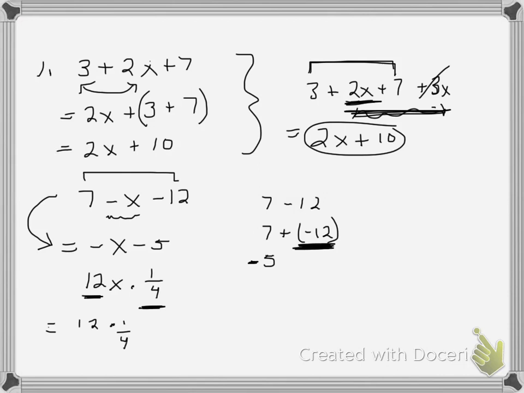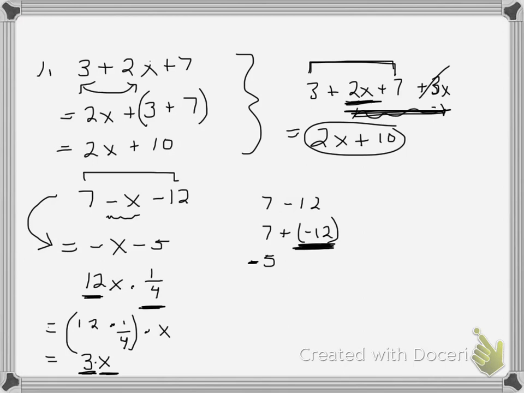And recall 12 times 1/4 is the same as 12 divided by 4 times x. Well, 12 divided by 4 is 3 times x. Recall that if you have a 3, a number, a constant, and a variable written right next to each other with nothing in between, it means you are multiplying. That is the same as that.